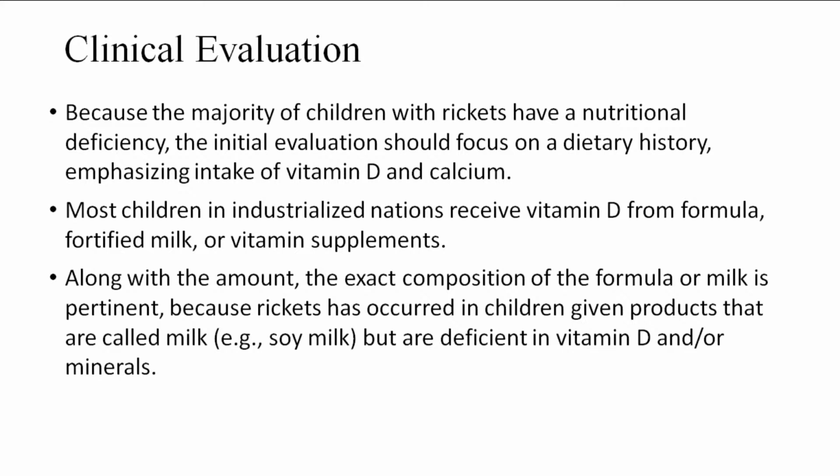Because the majority of children with rickets have a nutritional deficiency, the initial evaluation should focus on a dietary history, emphasizing intake of vitamin D and calcium. Most children in industrialized nations receive vitamin D from formula, fortified milk, or vitamin supplements. Along with the amount, the exact composition of the formula or milk is pertinent because rickets has occurred in children given products that are called milk, for example soy milk, but are deficient in vitamin D and/or minerals.